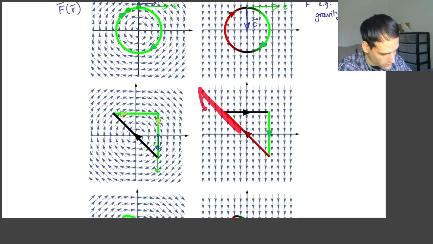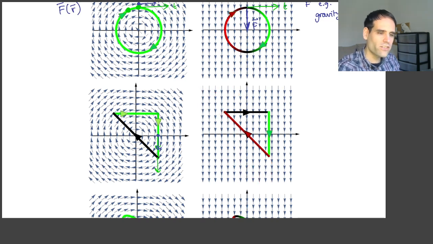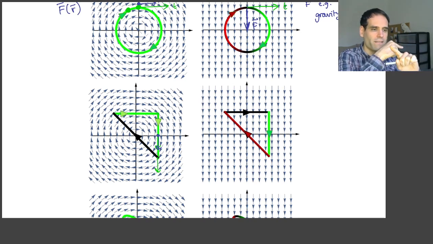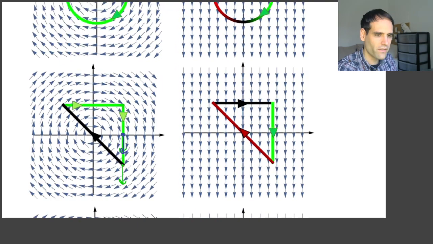So this is the vector t hat, while the vector f is pointing down. So the dot product is going to be negative. Not completely negative because they are not opposite to one another, but they are at an angle bigger than 90 degrees. So it's going to be a negative number, but a bit darker. That's why this is not bright red, it's dark red.